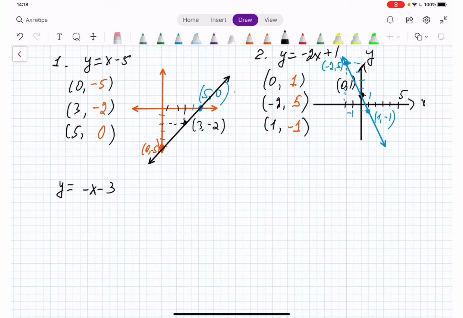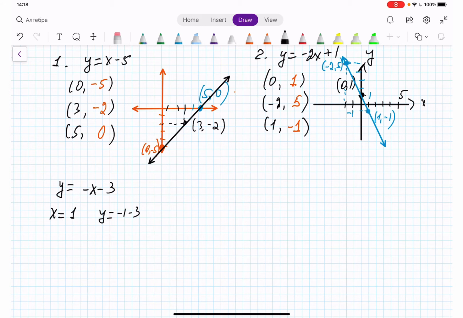Which ones do we want to take? Let's take one negative number, one positive number. How about that? So we take x is equal to 1, right? Then y is going to be equal to negative 1 minus 3, which is equal to negative 4, right?